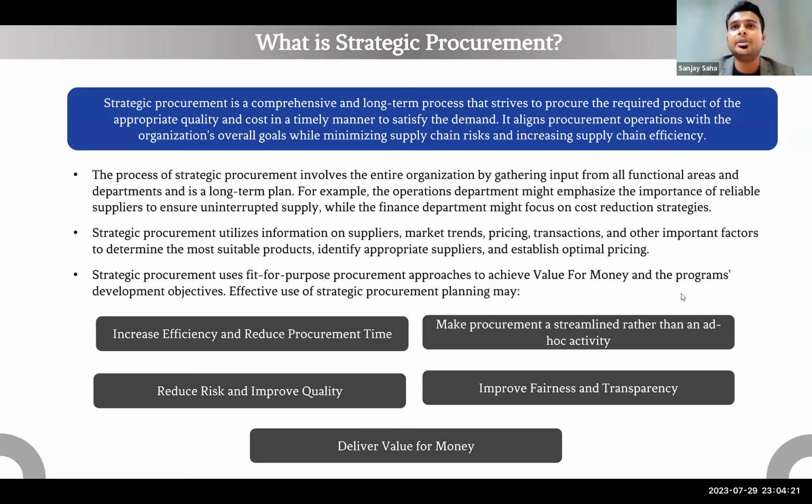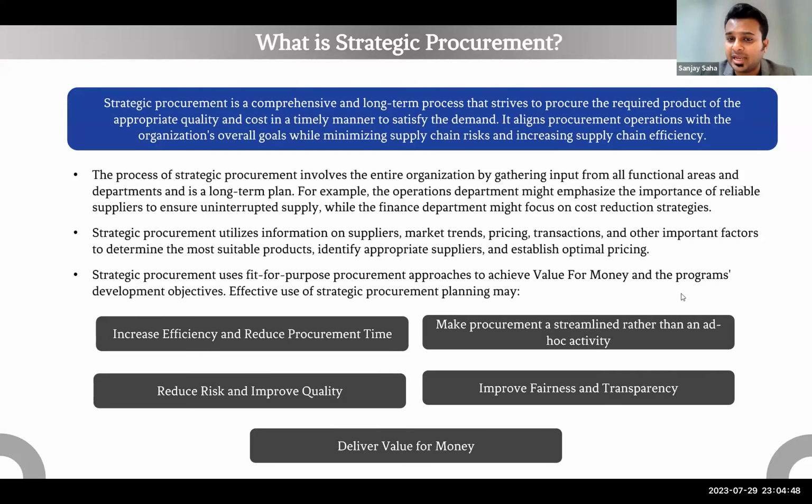Market trends can mean what kind of new products there can be on the market in the future, if some products are being phased out by some suppliers, or if a generic version of an innovative product is coming to the market that will reduce its cost. Those are what we call market trends.